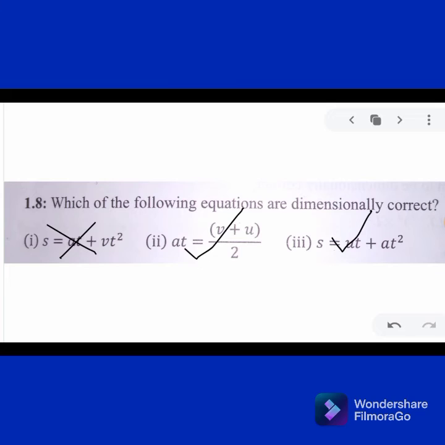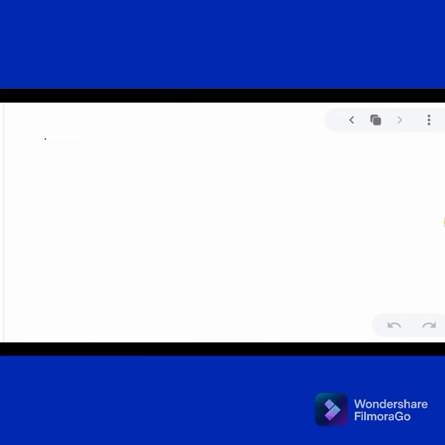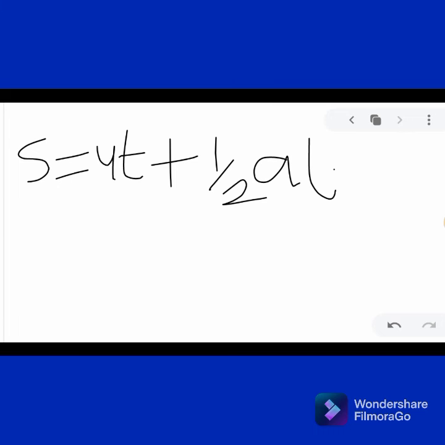Now, I know that most of you are familiar with this, especially this third one that says S is equal UT plus AT squared. So I'm going to say something about it. The original formula is actually S is equals UT plus half AT squared. It's the second equation of motion. I want to help you guys know that just because something is dimensionally correct does not mean that the formula itself is correct.